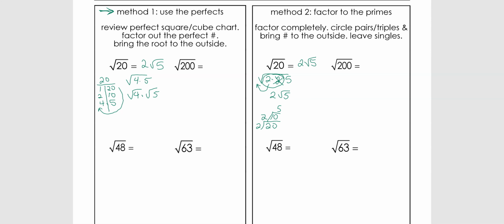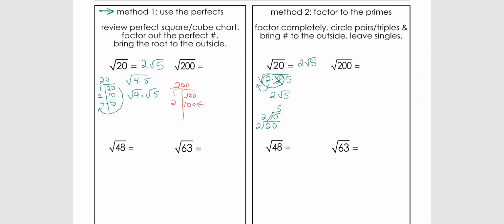All right, so let's do perfects for method number 1 for square root of 200. So 200 is 1 and 200, 2 and 100. Now, I already have a perfect square here. I can stop.